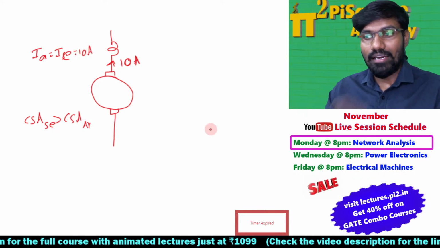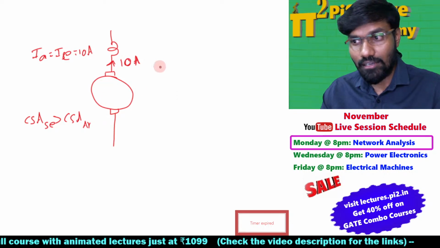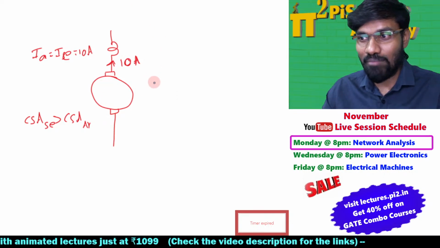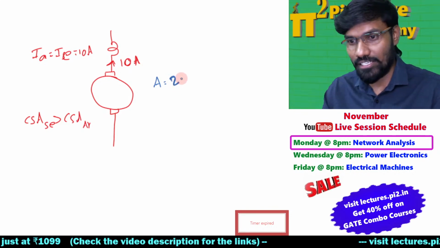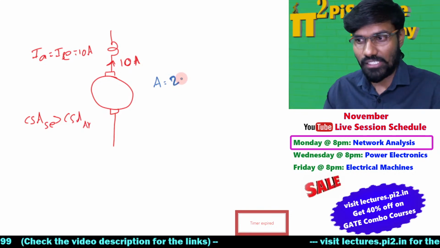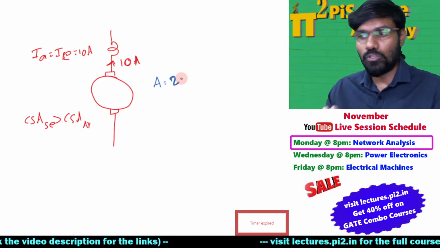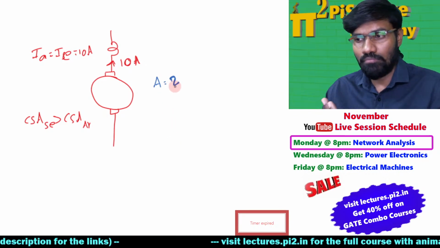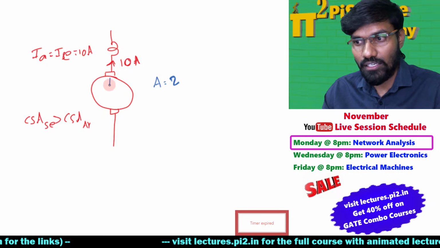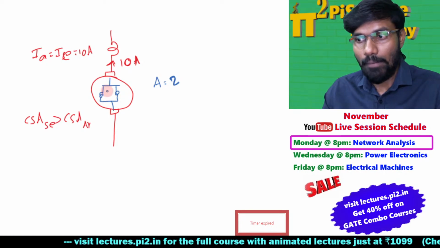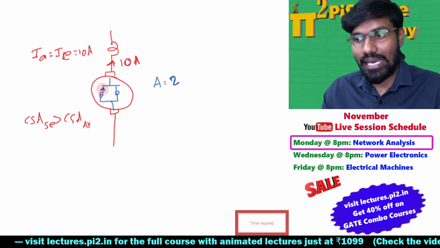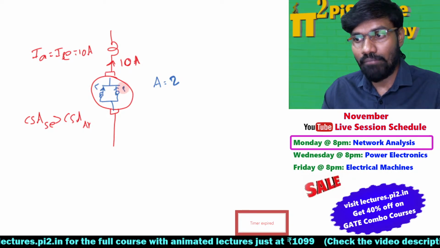Let us take the parallel paths. The armature has parallel paths. Let us consider the minimum, 2 parallel paths. A wave winding has 2 parallel paths, and a lap winding with 2 poles also has 2, so at least a minimum of 2 parallel paths. Each path is carrying 5 ampere and 5 ampere.